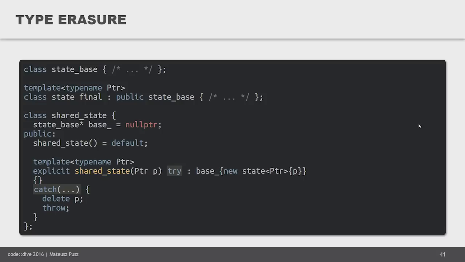We have to make a try-catch statement here and delete p if something wrong happens and we couldn't create a shared pointer that will delete the pointer provided. That's why this exception handling code was visible in the assembly code I presented to you. We have to make sure that we delete the data provided by the user if something wrong happens.